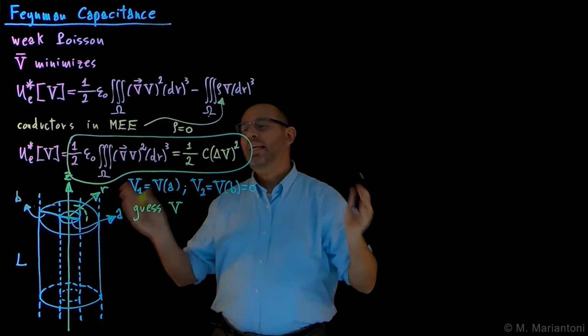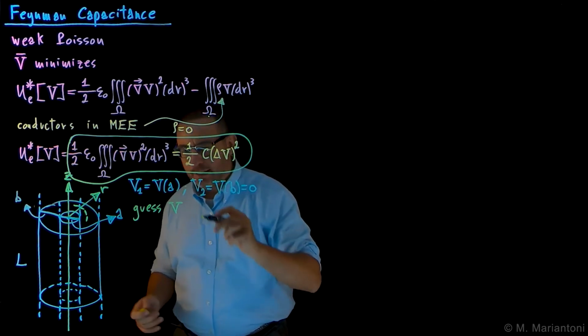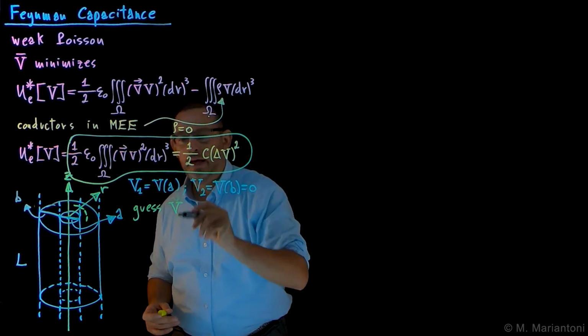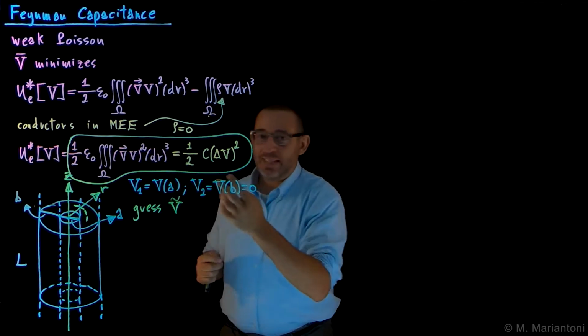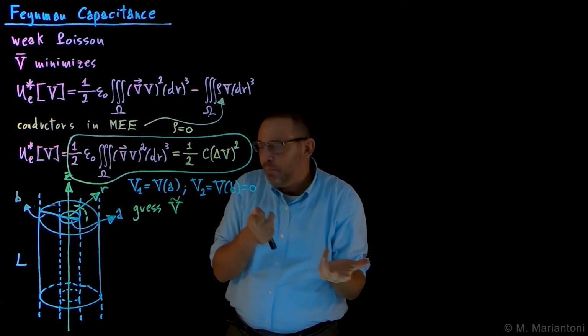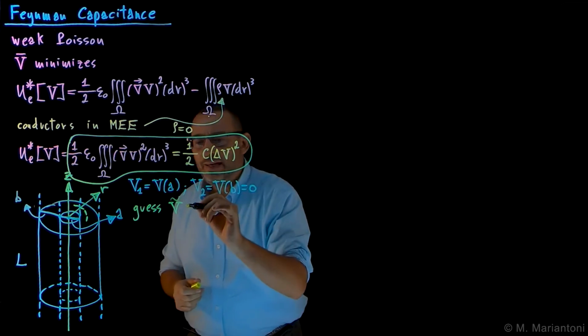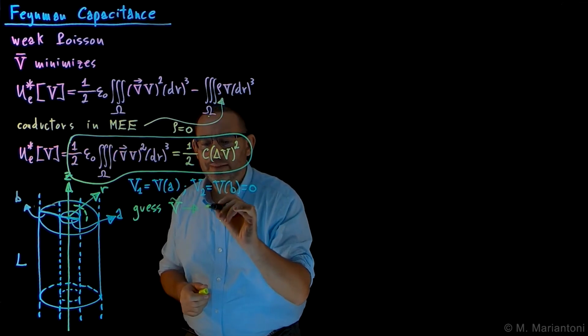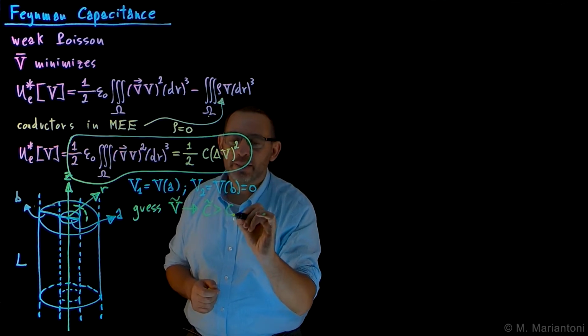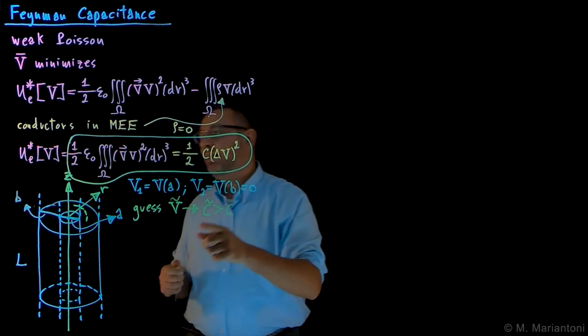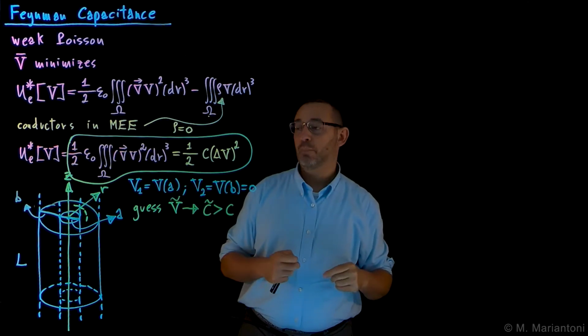But if we guess any other V, let's call it V tilde, which is not the one that minimizes it, this is not the real solution to the problem. Therefore, we are going to get, as a guessed capacitance C tilde, something which will be necessarily larger than the actual capacitance C associated with the actual minimization V bar.